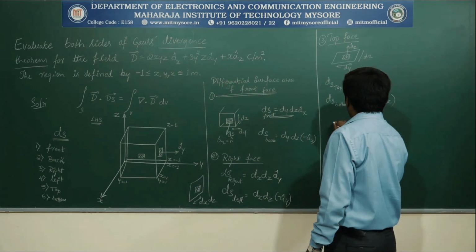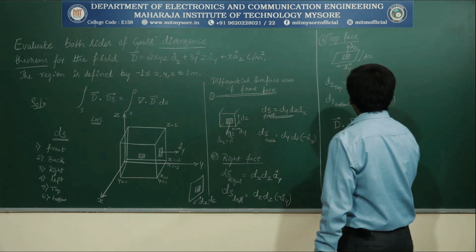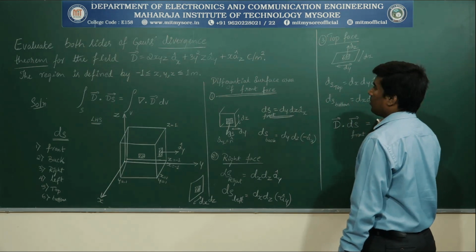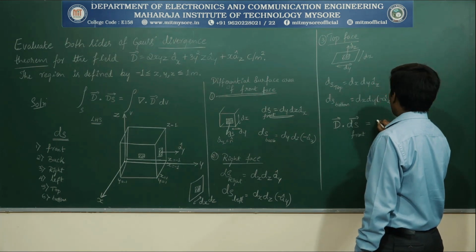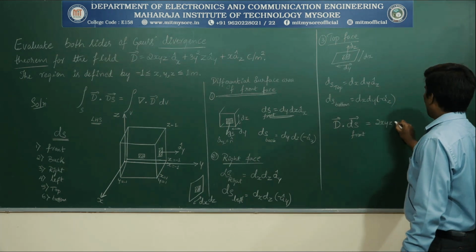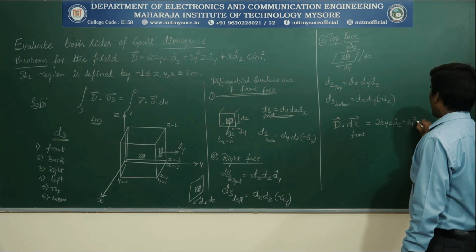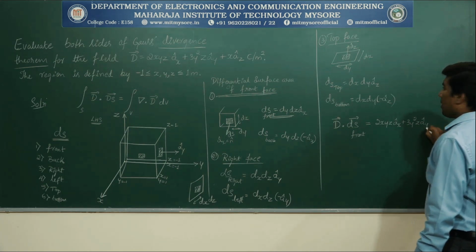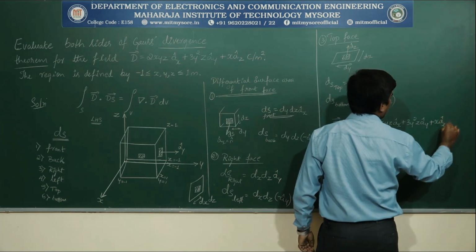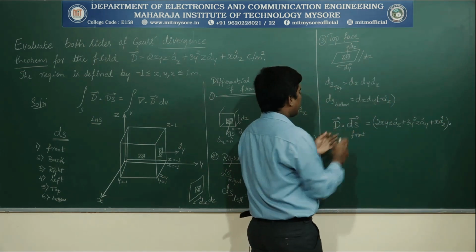Now D dot ds for the front face is equal to, what is that, 2xyz into a cap x plus 3y square z into a cap y plus x a cap z, dot, since we are evaluating the dot product, ds front.